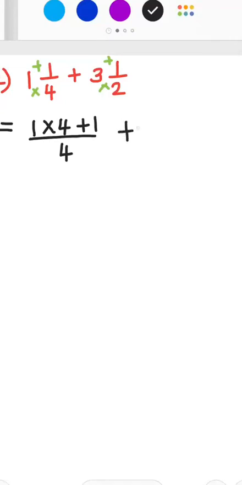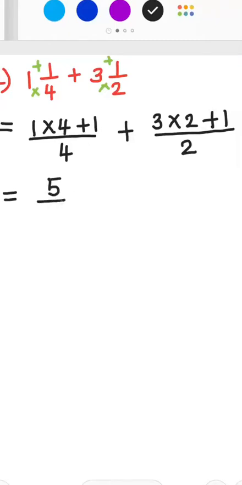Then put the addition sign. Again by drawing a common fraction bar, 3 multiplied by 2 plus 1 upon the denominator as it is, which is equal to 1 multiplied by 4 is 4 plus 1 is 5.